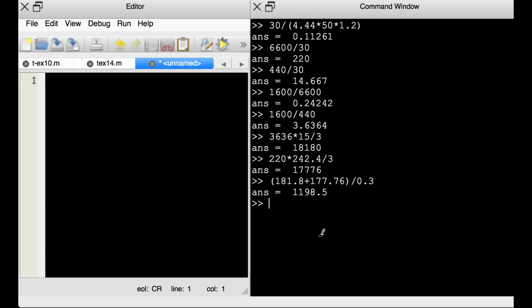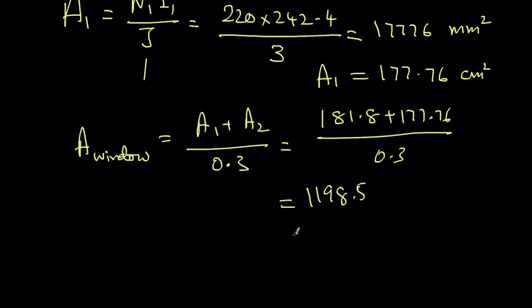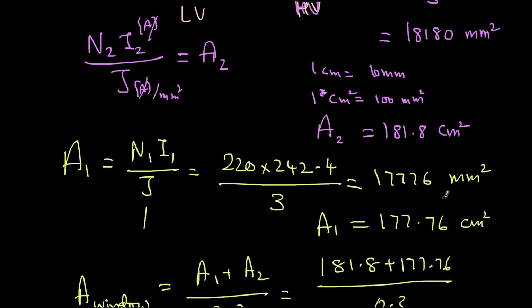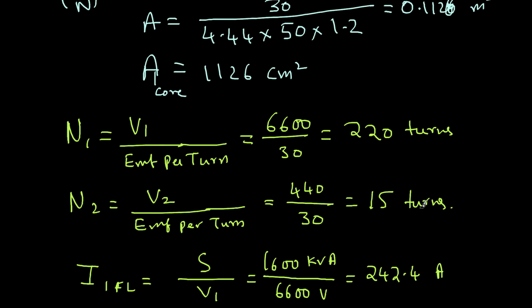So I'm getting somewhere like 1198.5, or I'll just approximate it to 1200 centimeter square. So this is the cross section area required for this window. So finally I have two answers.